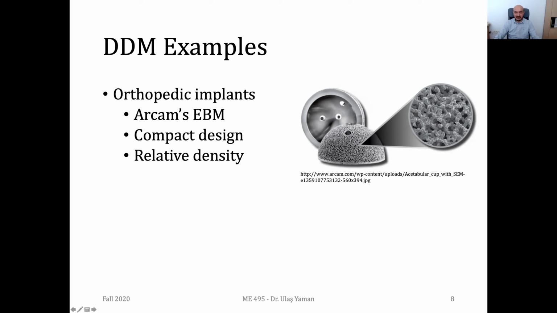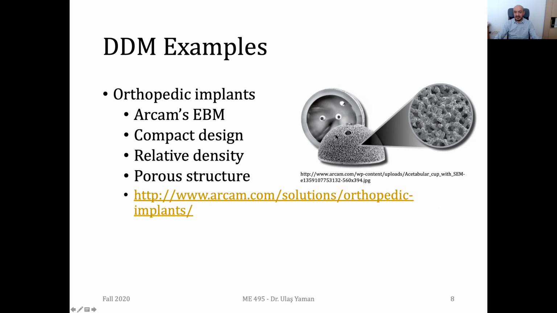They can have different porosity levels, and we will have these porosities and this high surface roughness to actually let these living cells go into these porous regions. And with the help of it, we can have this implant working properly.